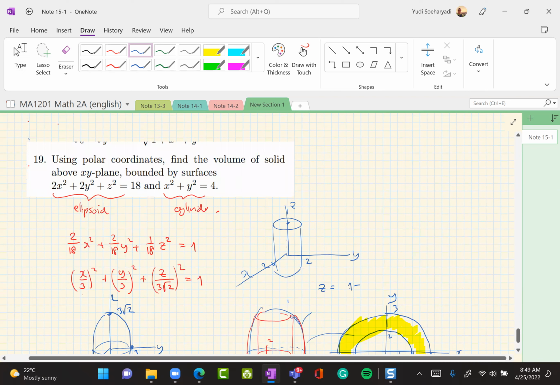Let's write this down because that's easier from here: z equals 18 minus 2x squared minus 2y squared.